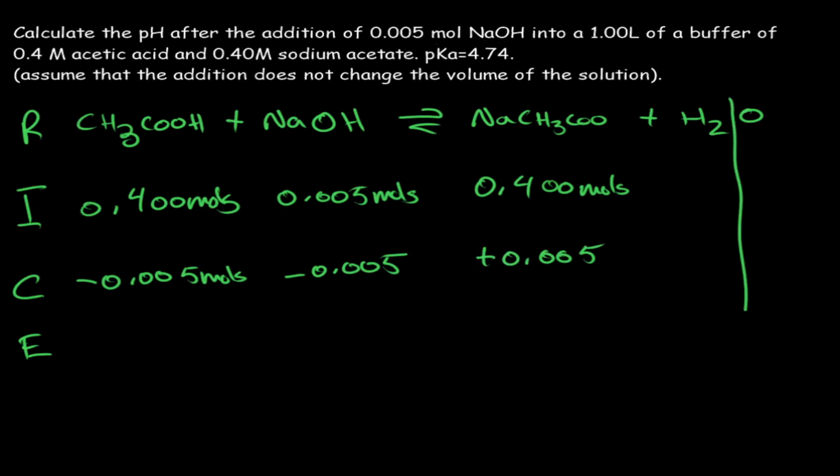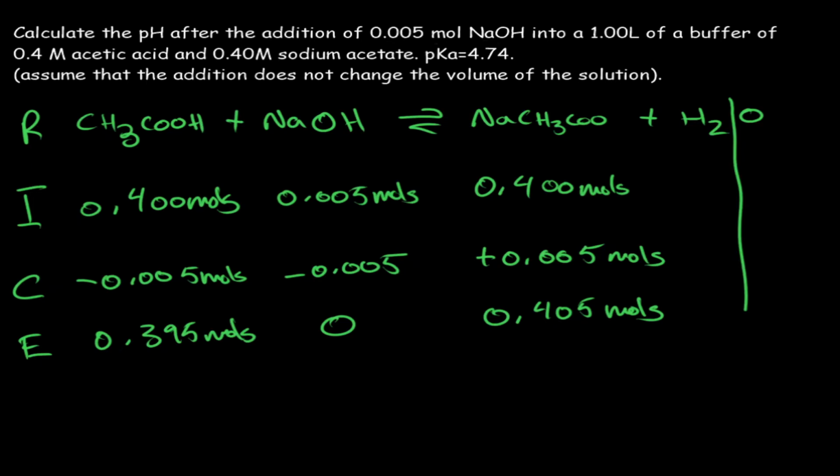We don't have to consider water because it's not going to affect our pH. So our final equilibrium would be 0.395 moles of acetic acid, 0 moles of NaOH left, and 0.405 moles of sodium acetate in our solution.